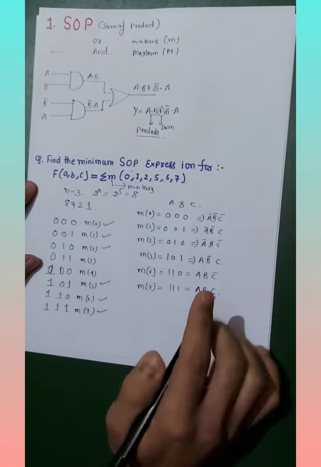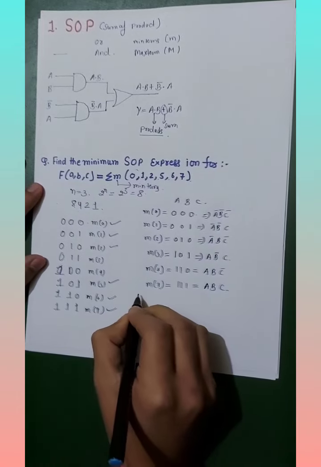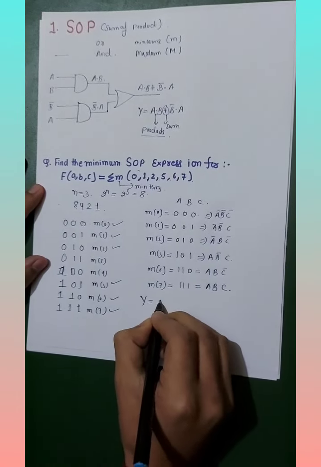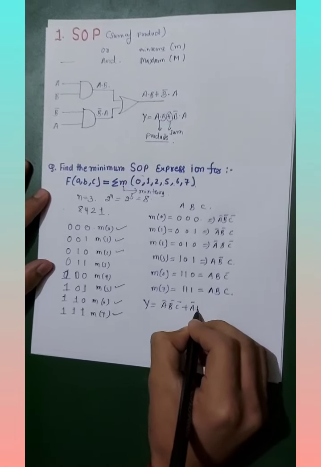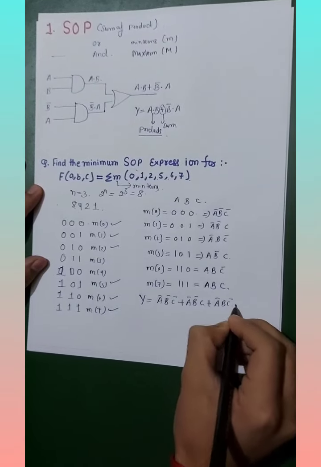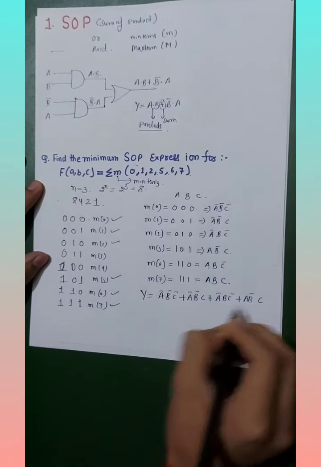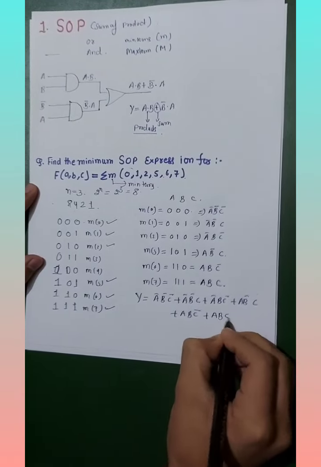Now we have the function in terms of the given expression. So we can write y equals a bar b bar c bar plus a bar b bar c plus a bar b c bar plus a b bar c plus a b c bar plus a b c.